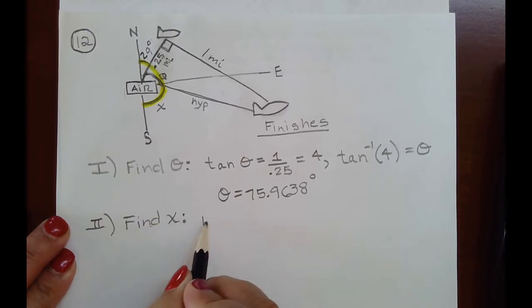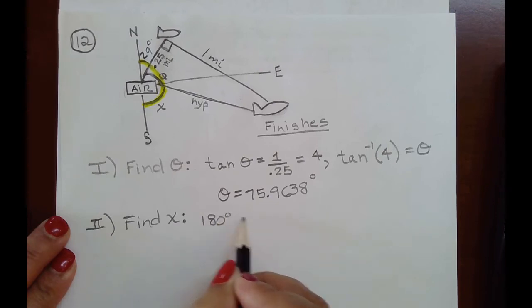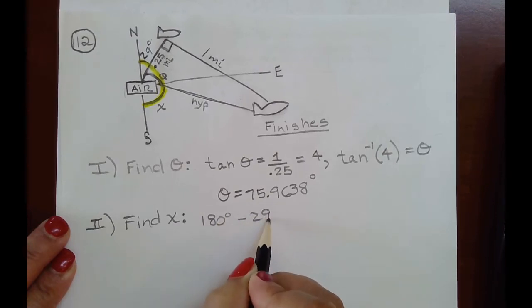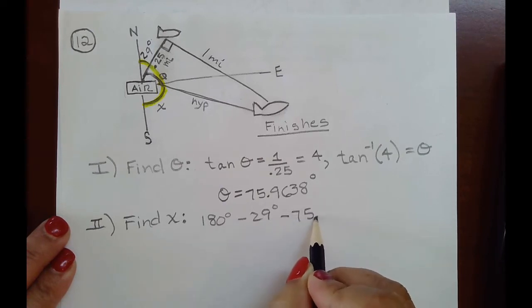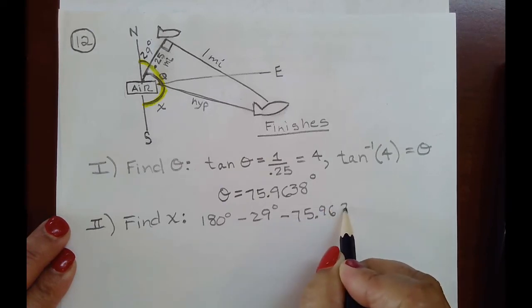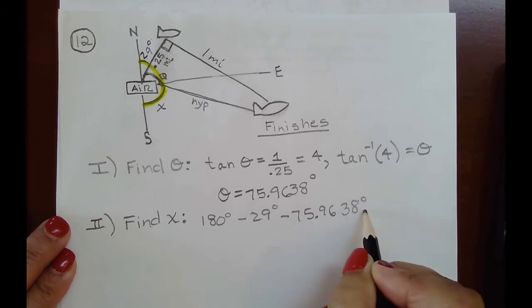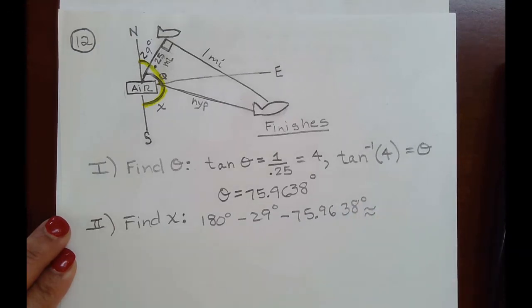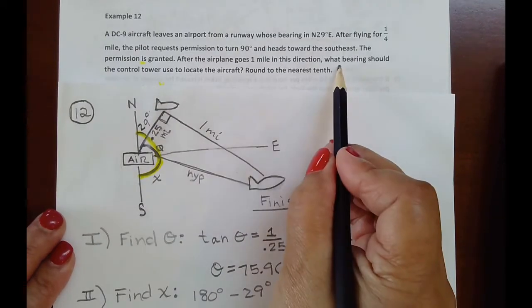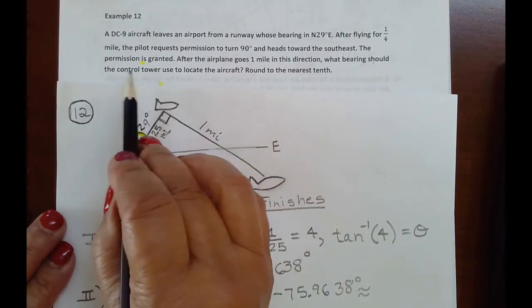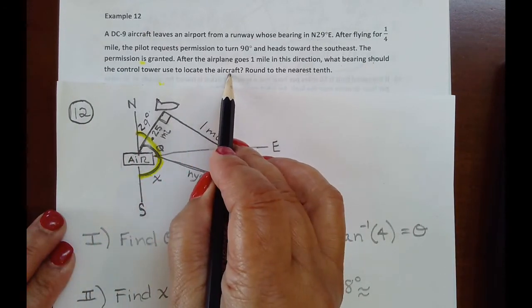And for that, I'm just going to go 180 minus the 29 minus the angle that I just found. And that'll give me the answer to this question, which is what bearing should the control tower use to locate the aircraft?